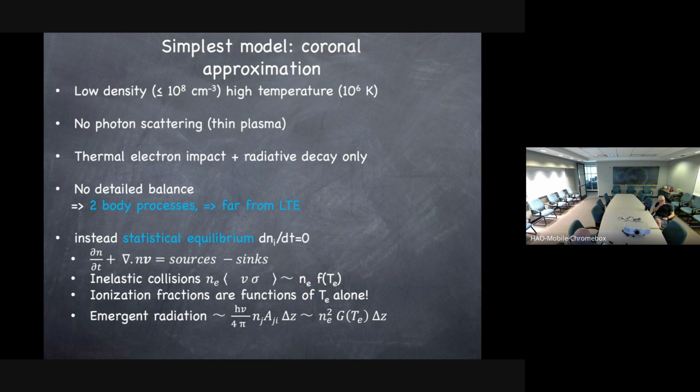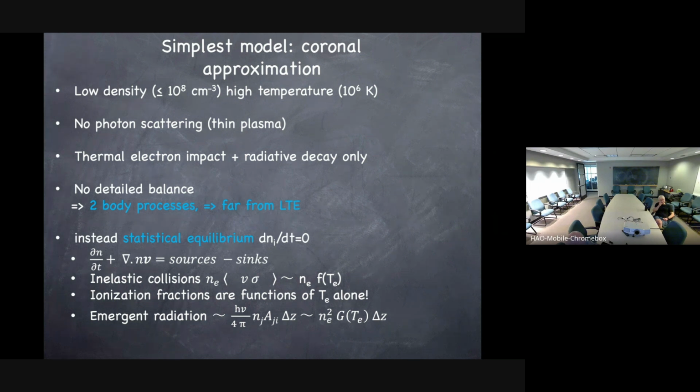And you can see, imagine just integrating up the Boltzmann distribution. If you integrate that over velocity, that's what those angle brackets mean, then it's got to be a function of temperature, okay? This means that things like ionization fractions are functions only of electron temperature. So we've already got a simplification here.